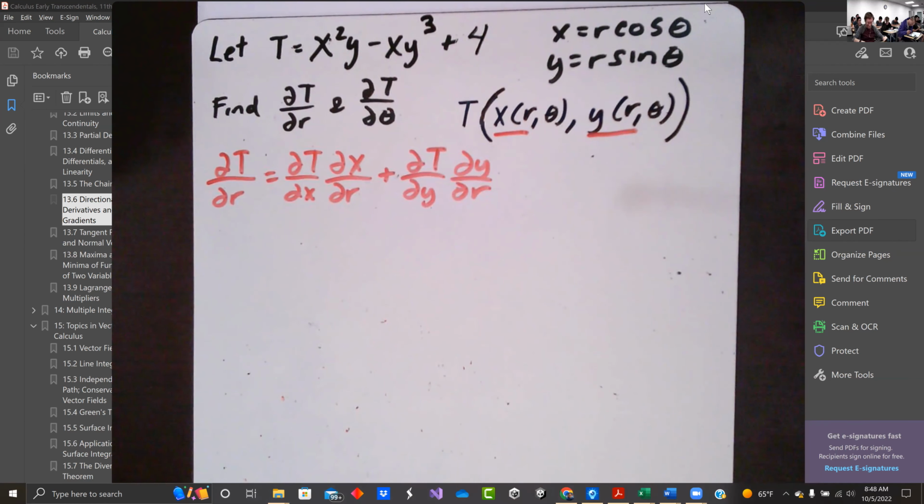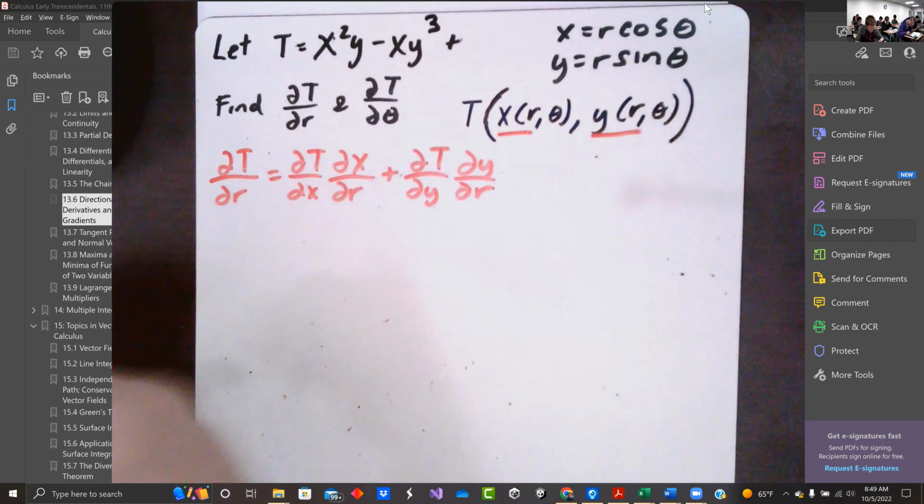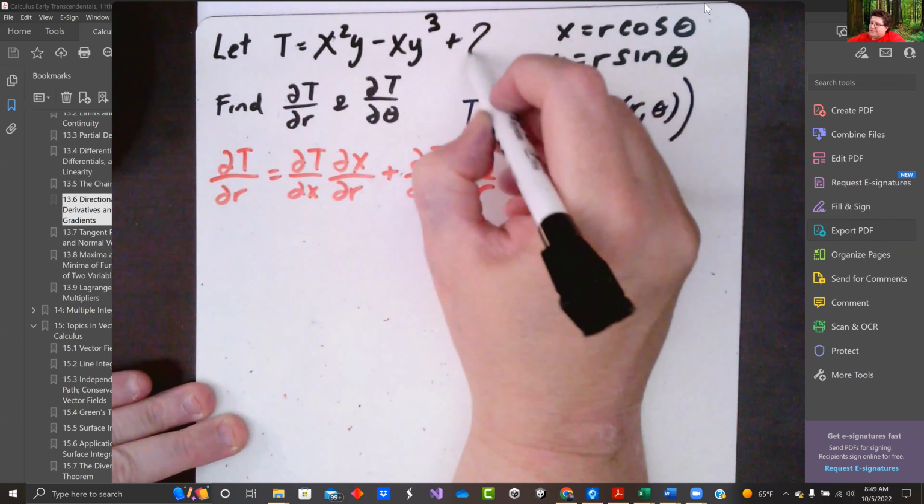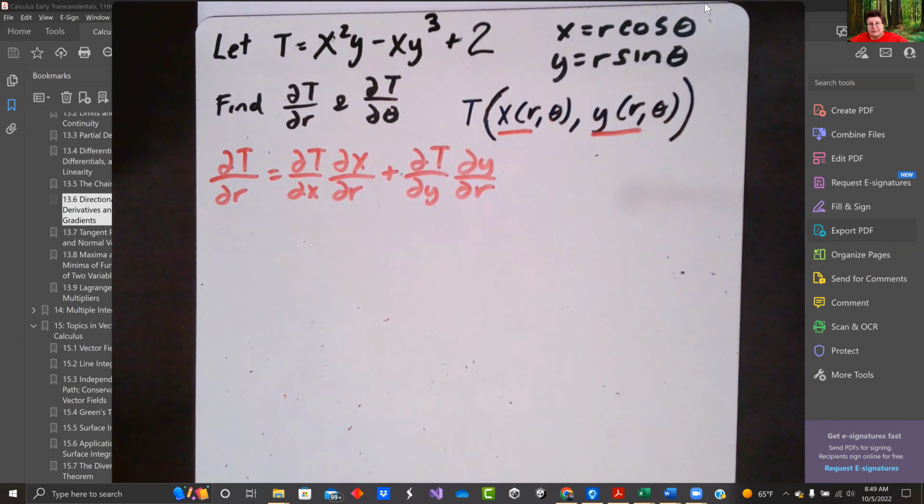I changed my answer. I'm going to throw off anybody that was already using 2. There, that's a little bit clearer. People already changed it to 4, now they have to change it. It doesn't matter. We take the derivative, it goes away.